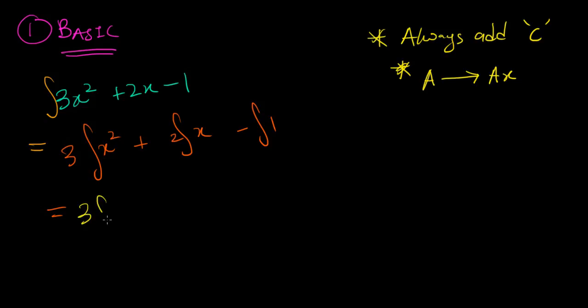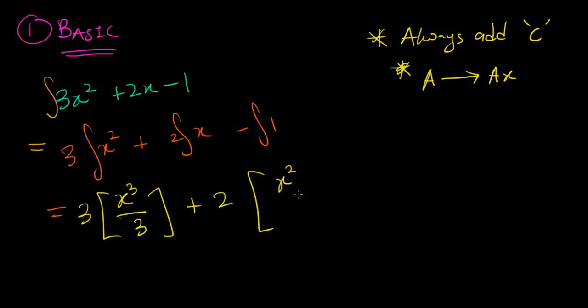For example, x squared. If you raise 1 power, it will be x cubed. Divide this number with this. Same thing goes here. x will increase to 2 and then divided by 2. And then according to this, whenever you see a constant, add an x behind it, so you get this, and then always add a constant. So this is the answer.